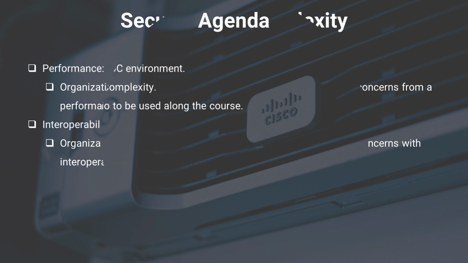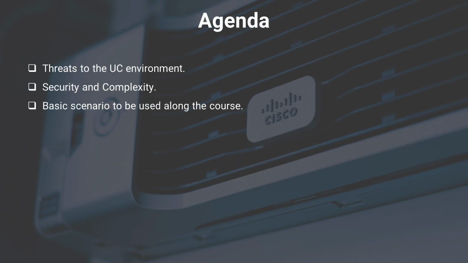All right. So we talked about threats to the UC environment and security and complexity. Before moving to the next session, we have the last topic. Let's talk about the scenario that we will use as reference in our course.